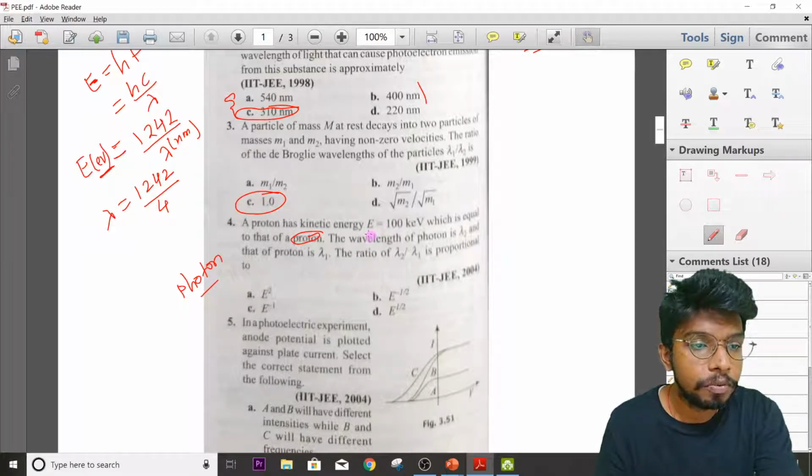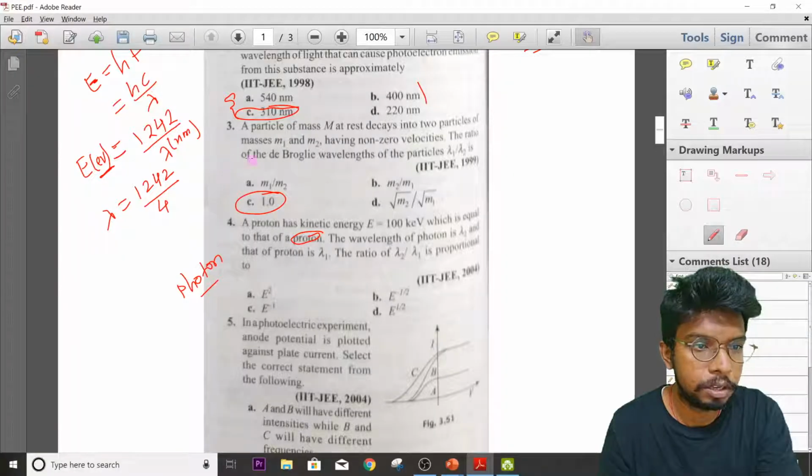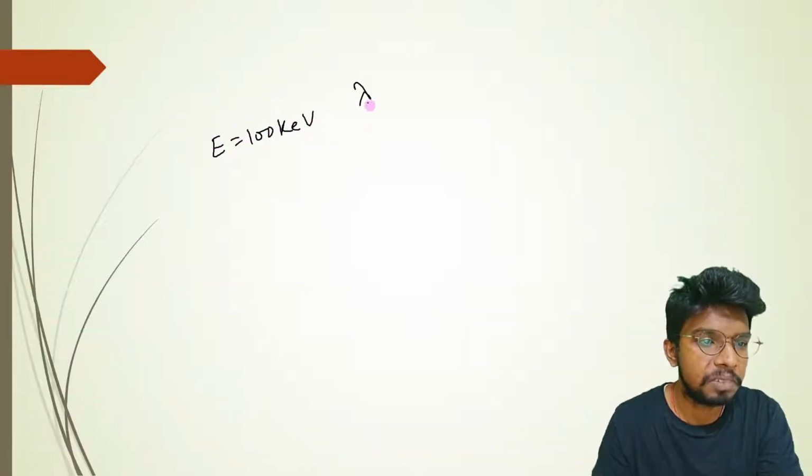If we think of this situation, the photon has energy equal to that of the proton, 100 keV. So it will have some wavelength, let it be lambda 2.